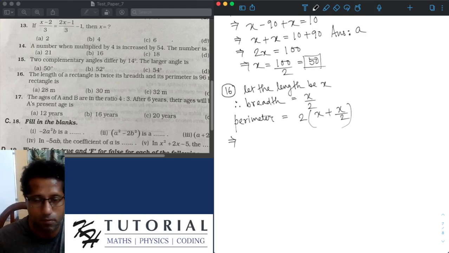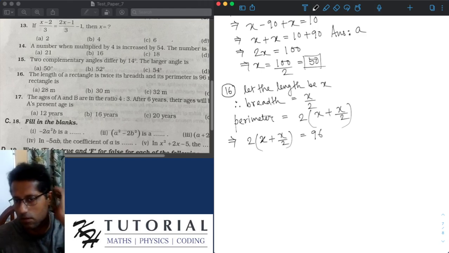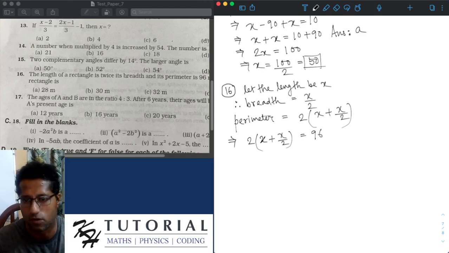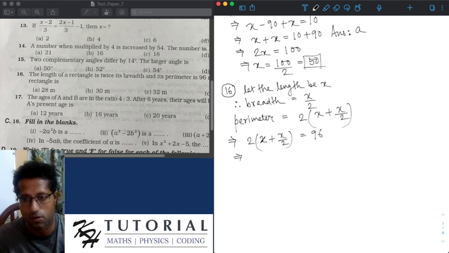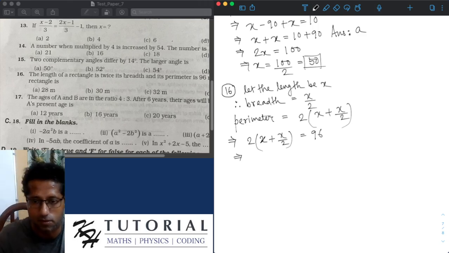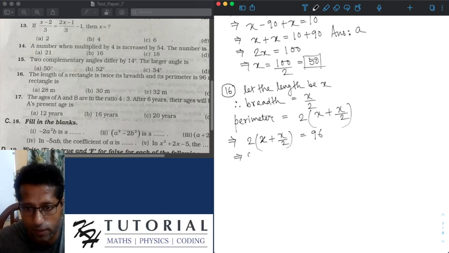So as per the problem statement, we can now write 2 into x plus x by 2 equals 96. So this is the equation we formed, and now we have to solve for x. Now we will open the brackets on the left hand side using distributive law of multiplication over addition, and we get 2x plus x equals 96.